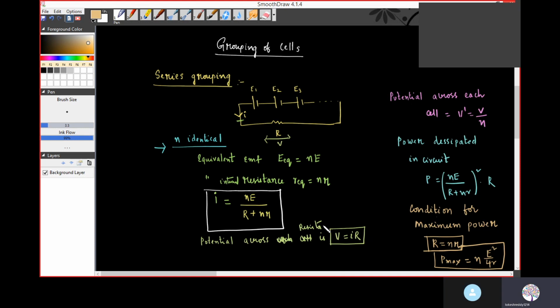Now I will write the case where the cells are non-identical and connected in series.